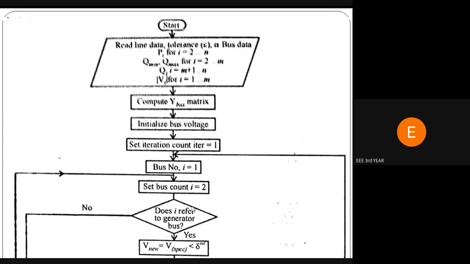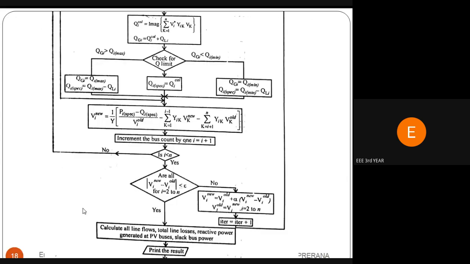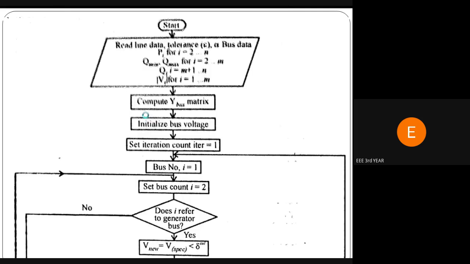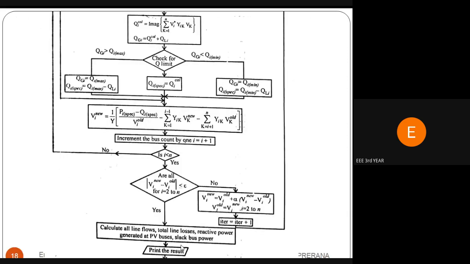If i is not referred to the generator bus, then go directly to this formula. If i is referred to the generator bus, we have to calculate the Q value, and that is the purpose here. If i is not a generator bus, otherwise called the load bus, then we go directly to this formula.